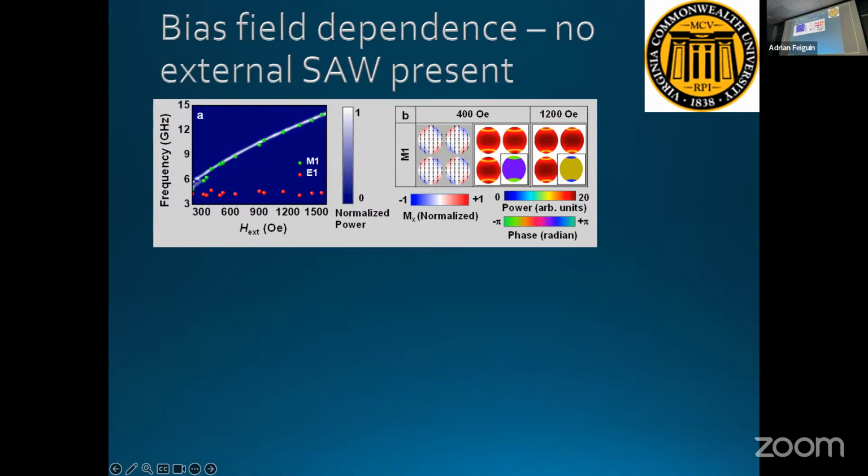The other is the SAW, due to periodic laser heating and cooling. We can show the power and phase profiles at two magnetic fields, 400 oersteds and 1200 oersteds. Here I have the color bar, so you can see these are all center modes, with power concentrated in the center of the nanomagnets.